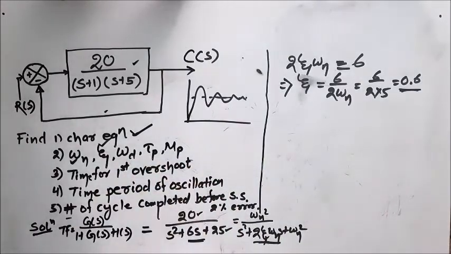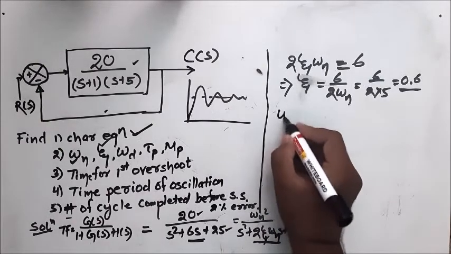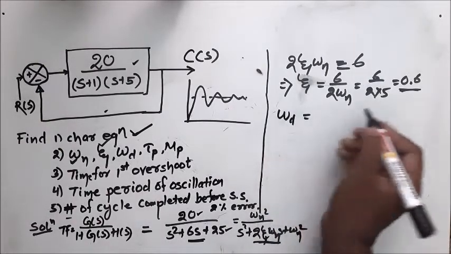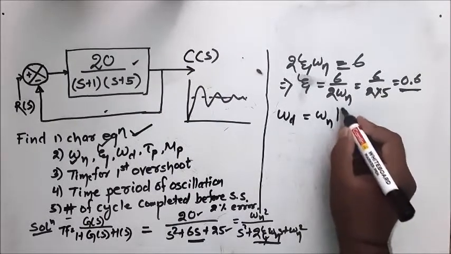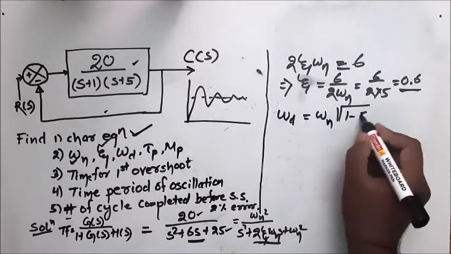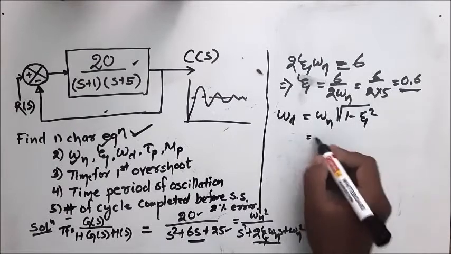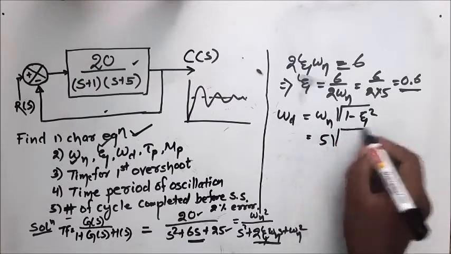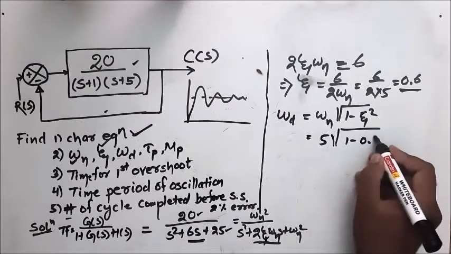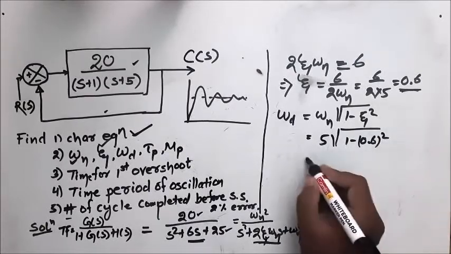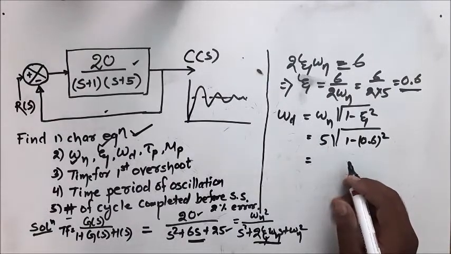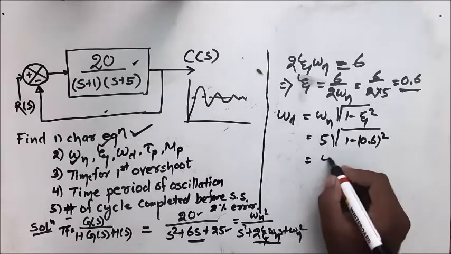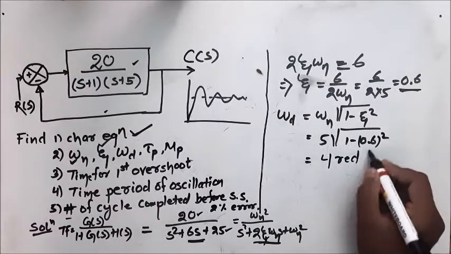Okay. So we have to find out the omega d. Omega d is the damping frequency. The formula for omega d is omega n under root 1 minus zeta square. So we can write 5 under root 1 minus 0.6 the whole square, and after solving we found omega d is equal to 4 radian per second.